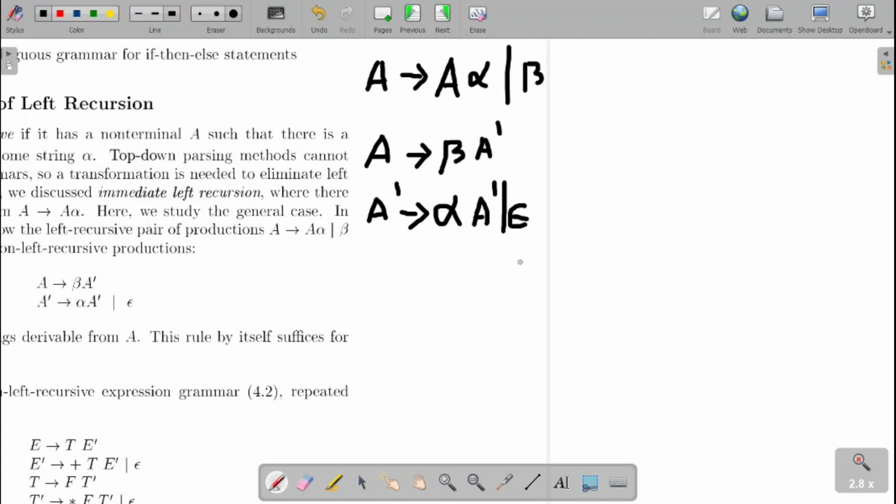Let us revisit our arithmetic expression grammar. So what was our arithmetic expression grammar?